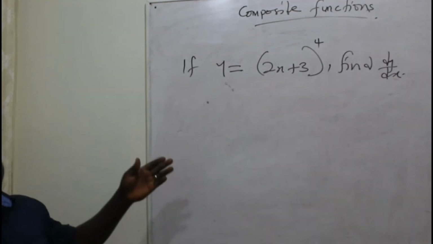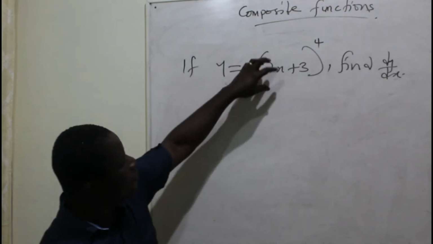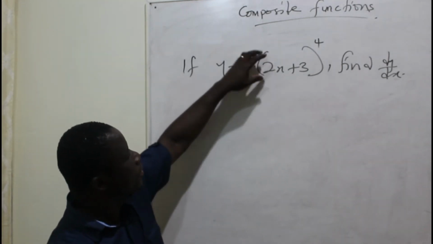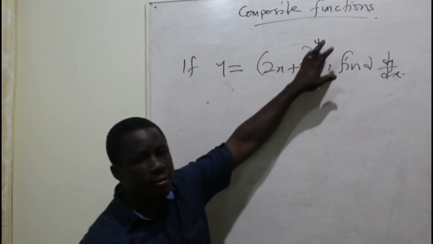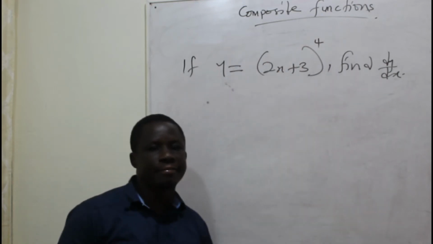To differentiate such a function, this function is a composite function, because the whole function is to the power 4, and there is a linear function inside the original function.